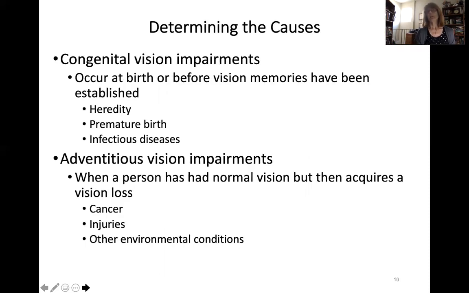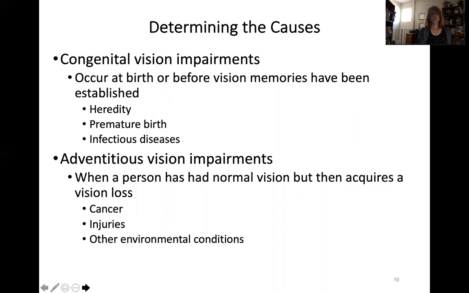So determining causation, there are a couple of different ways. If you think about the way that we've spoken in terms of children with autism and children with other learning disabilities, things may occur at birth or before our visual memories have been established.